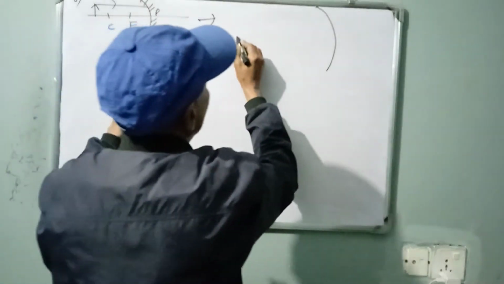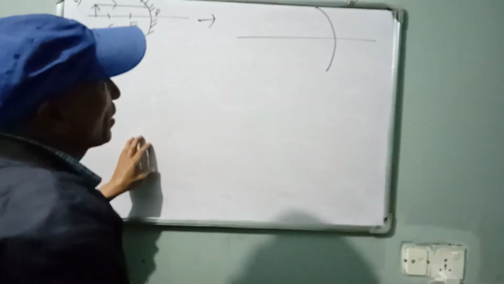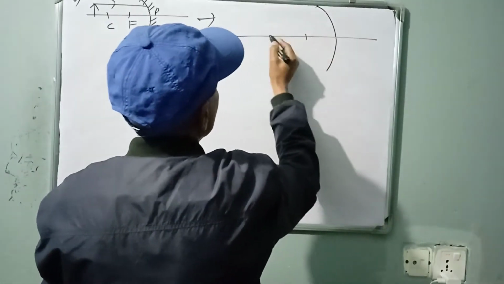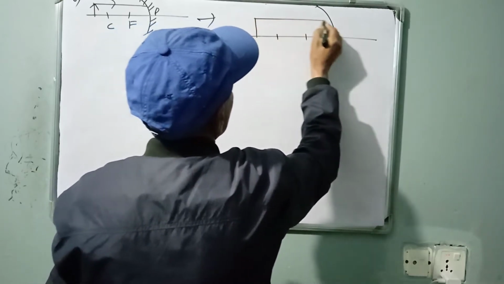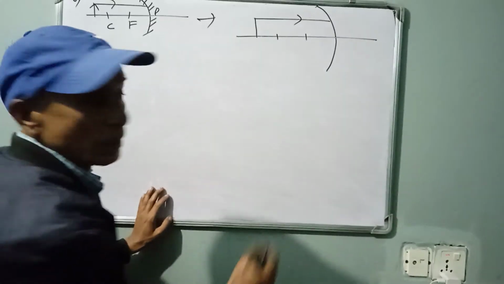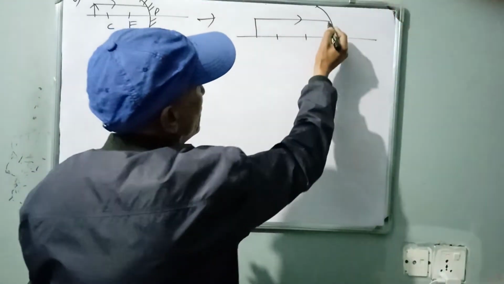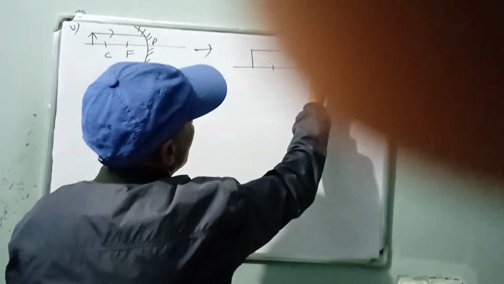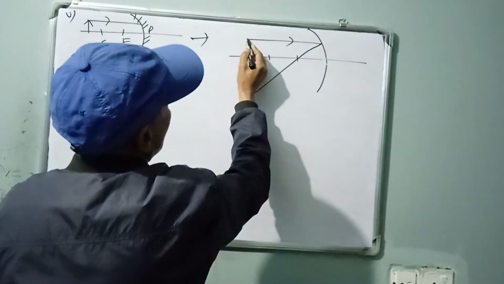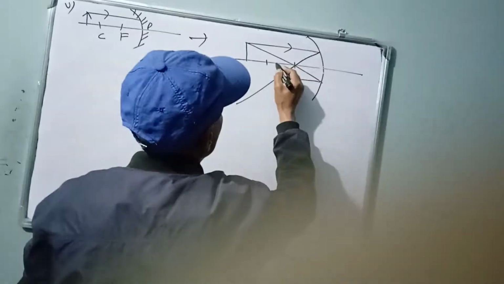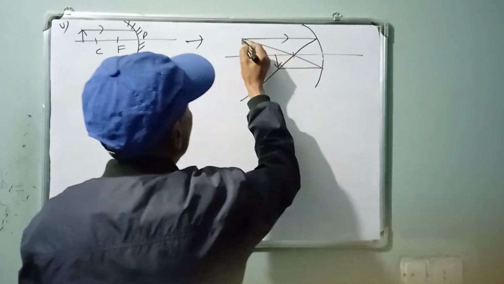Concave mirror, principal axis, focus, center, object away from center. How to draw? A parallel ray passes through the focus. Another ray which passes through the focus will meet at this point.